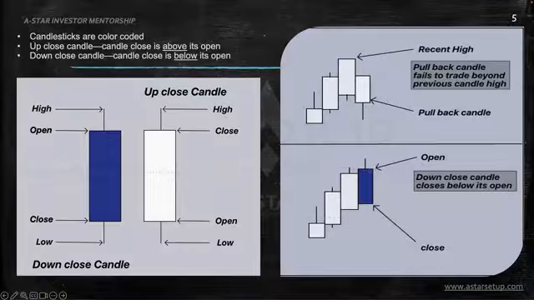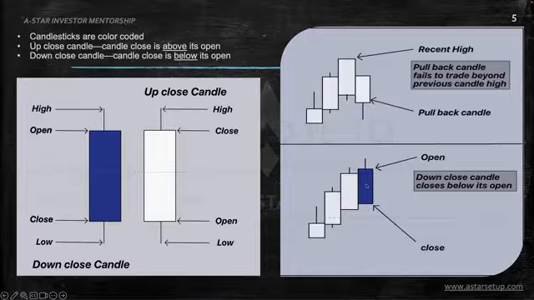But it's blue because where the price opened is higher than where the price closed. Do you see? So say on this down close candle, off the top of my head, price opened at $12. It ended up closing at $10. At some point in that trading session, price definitely was higher than the previous candle, but ended up closing lower. So this is a down close candle.